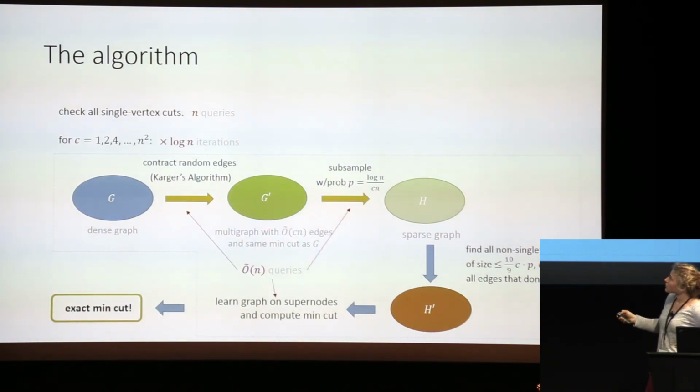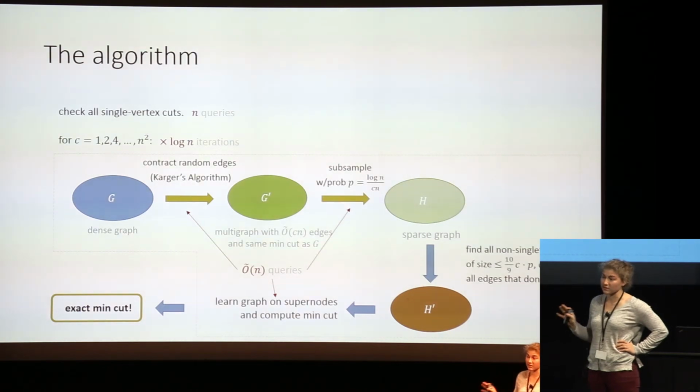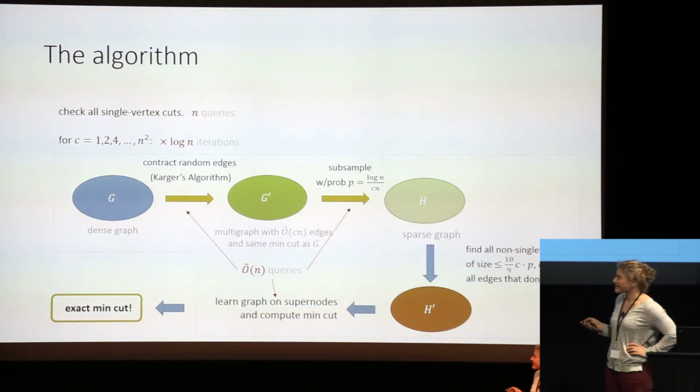Here this is only n queries to check every singleton cut. Here there are only logarithmically many iterations. And here every step only requires a linear number of queries. So that's the min cut algorithm. All right, seems like people are with me, so that's good. It's a sign that it really is as simple as we promised.